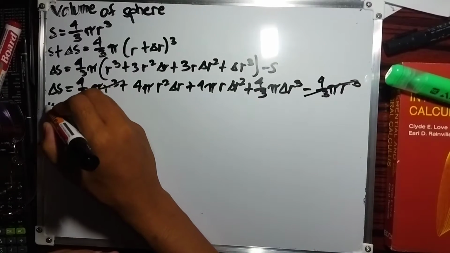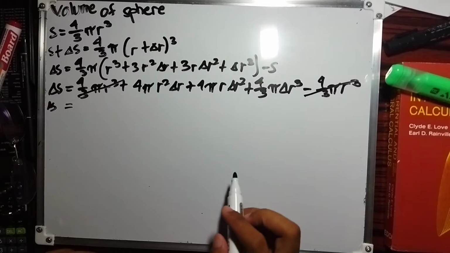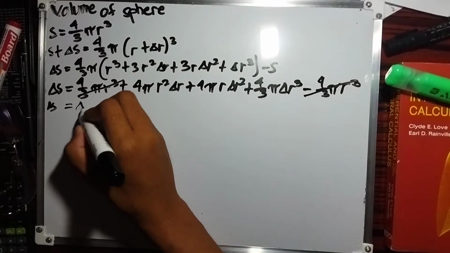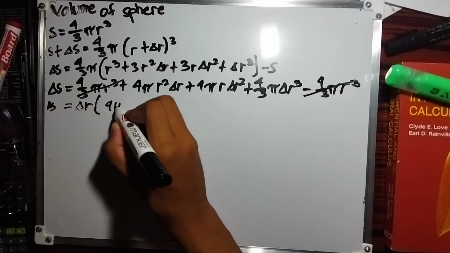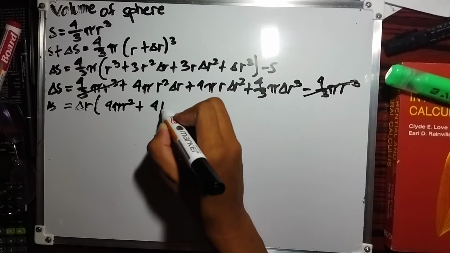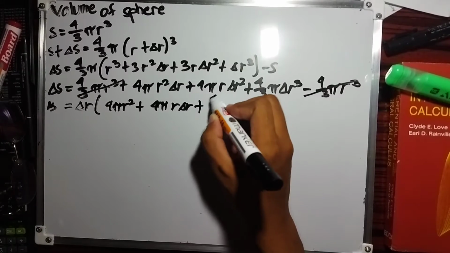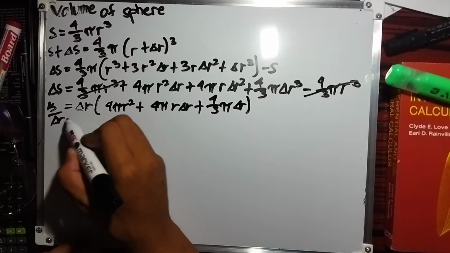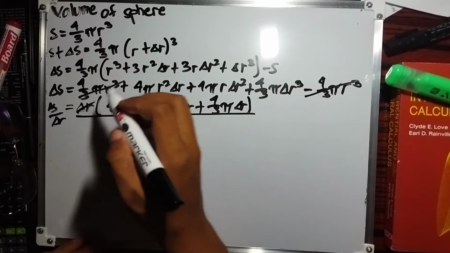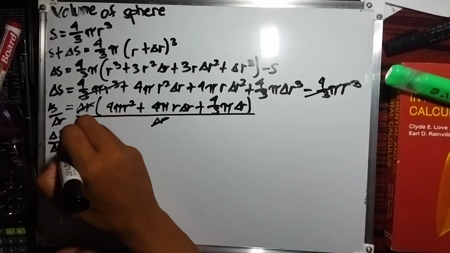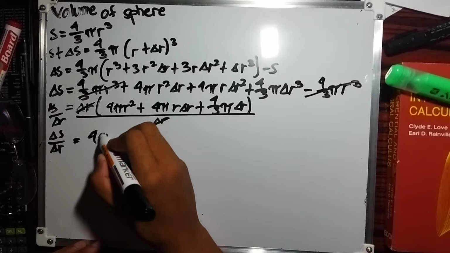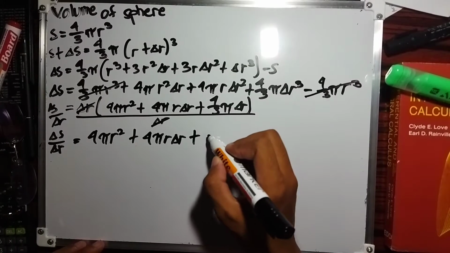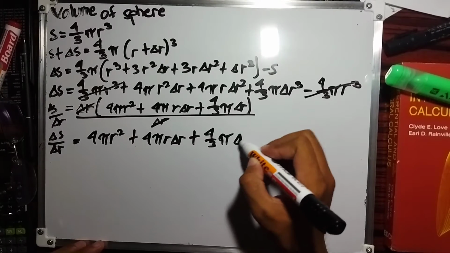So we will be left with delta S is equal to, we have to put outside the parentheses again the delta R. So delta R times 4 pi R squared plus 4 pi R delta R plus 4 over 3 pi delta R squared, and divide both sides by delta R, cancel delta R. So we'll have delta S over delta R is equal to 4 pi R squared plus 4 pi R delta R plus 4 over 3 pi delta R squared.